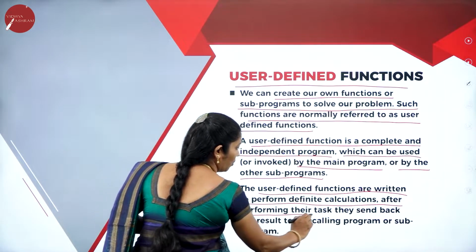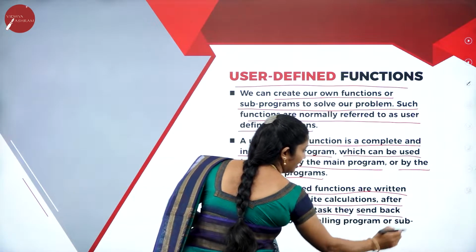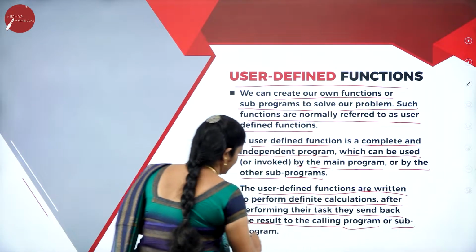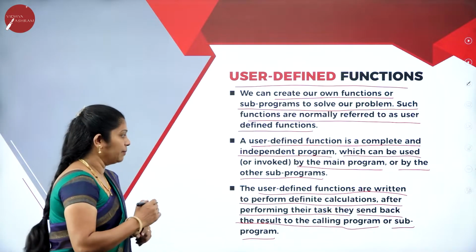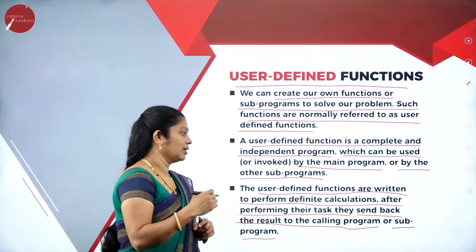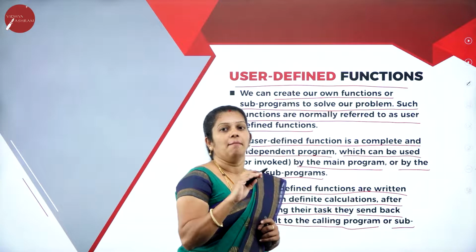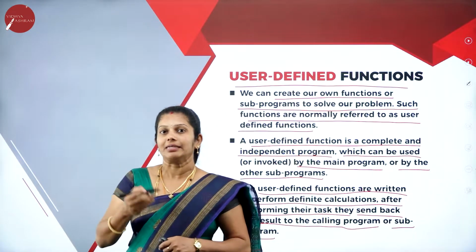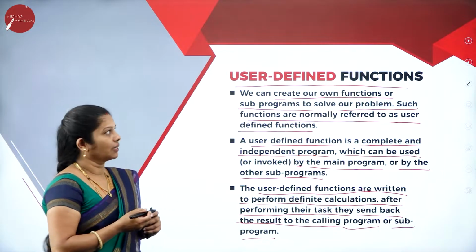After performing their task, they send back the result to the calling program and subprogram. It means that user-defined functions are mainly used to perform some particular task. After performing the task, it will generate the result to the function.